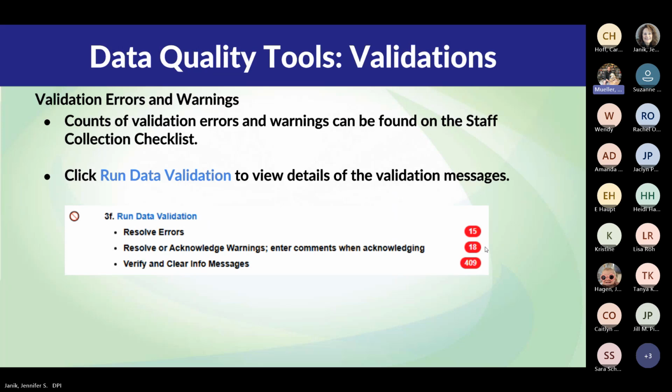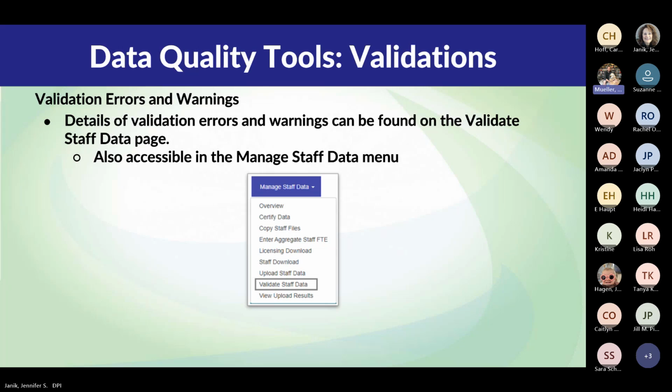Informational messages may be shown in red but because they are a low severity, they'll not prevent you from finishing your final certification. Within the checklist, you can click on the Run Data Validation task description to go to the Validate Staff Data page to view details of each validation message.